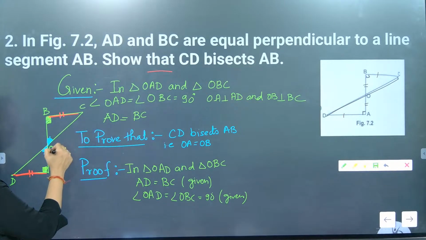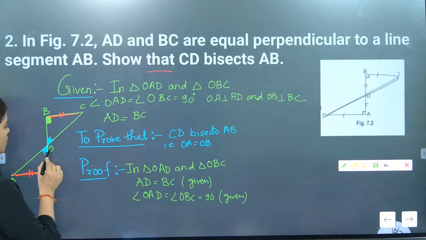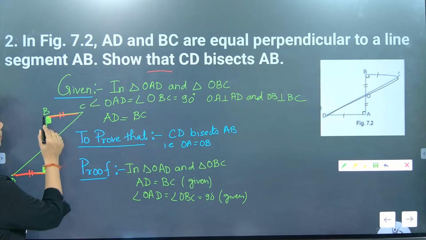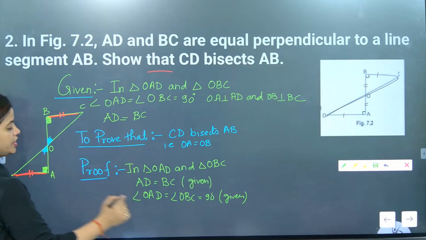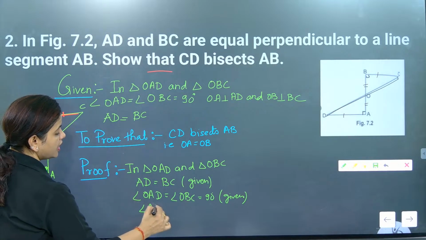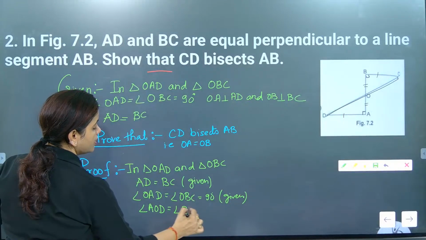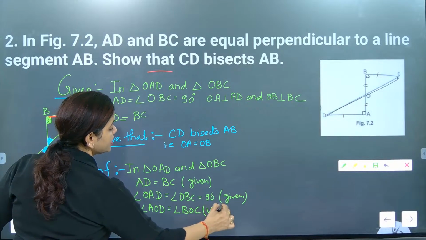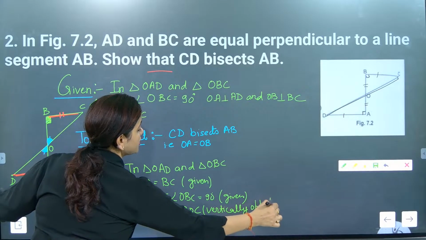OAD and OBC, I have taken. So angle OAD and angle OBC are 90 degrees. Okay, very good. Angle AOD is equal to angle BOC. Super, very good. What is that, beta? Vertically opposite angles.